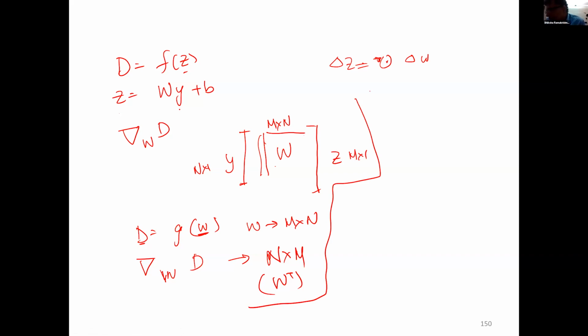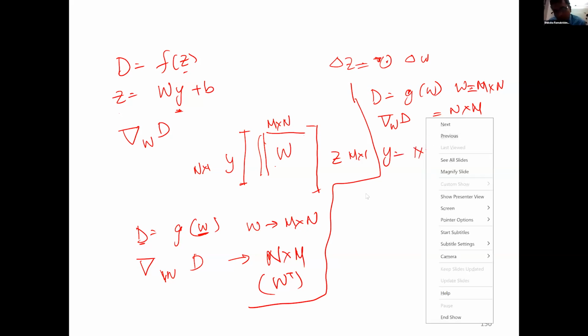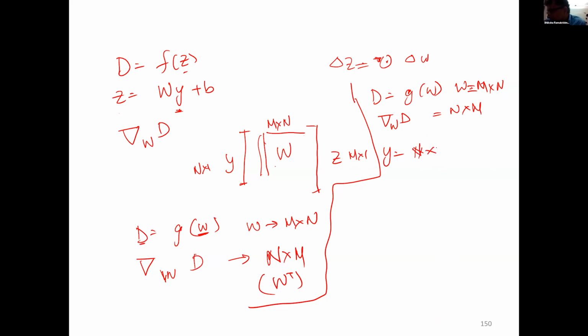Okay. So now I have d equals some function g of w. The derivative of d with respect to w, where w is m cross n, has to be n cross m. And then we know that y is n cross 1, and z is m cross 1.